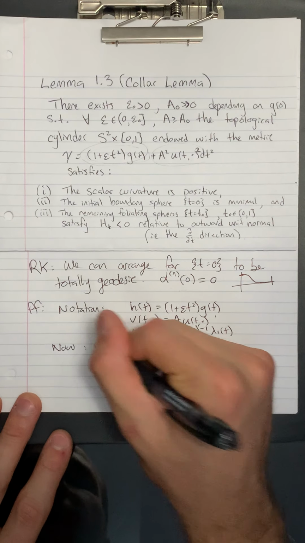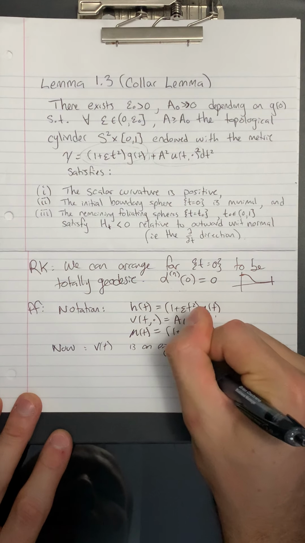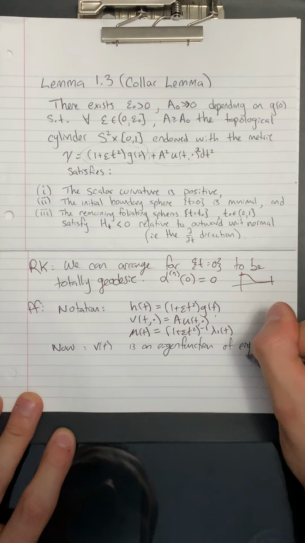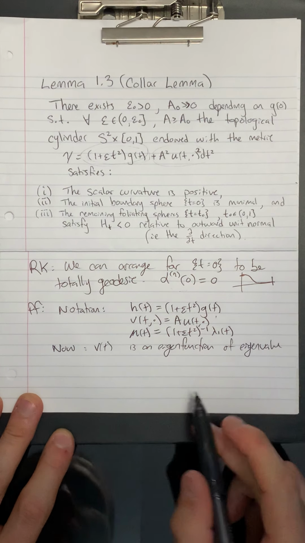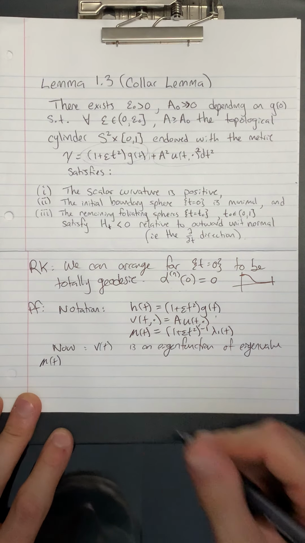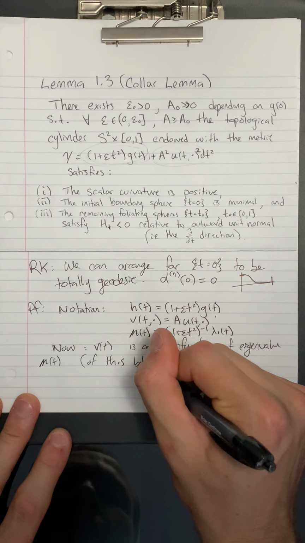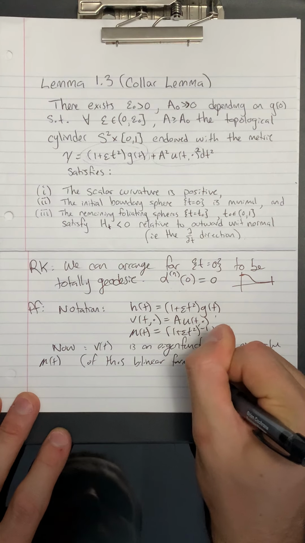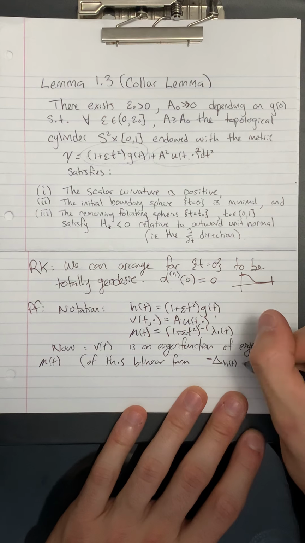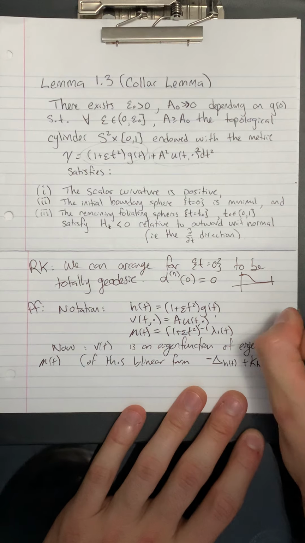Now, v of t is an eigenfunction of eigenvalue mu of t, of this bilinear form, and the bilinear form is minus delta, now depending on h, plus Gauss curvature with respect to h.